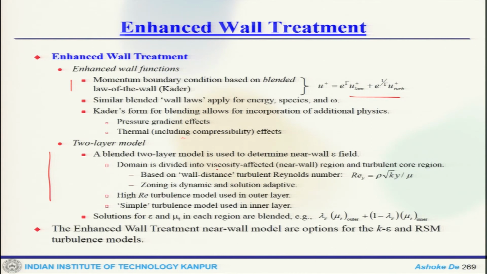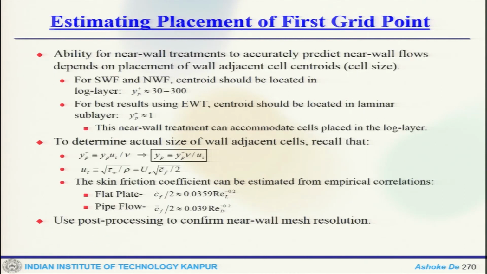The domain is divided into a near wall region and the turbulent core region, based on wall distance, and the core has a high Reynolds number turbulence model. The enhanced wall treatment near wall models are again options for K-epsilon and RSM turbulence models. Any of the commercial CFD packages available has this kind of wall treatment that one can use.